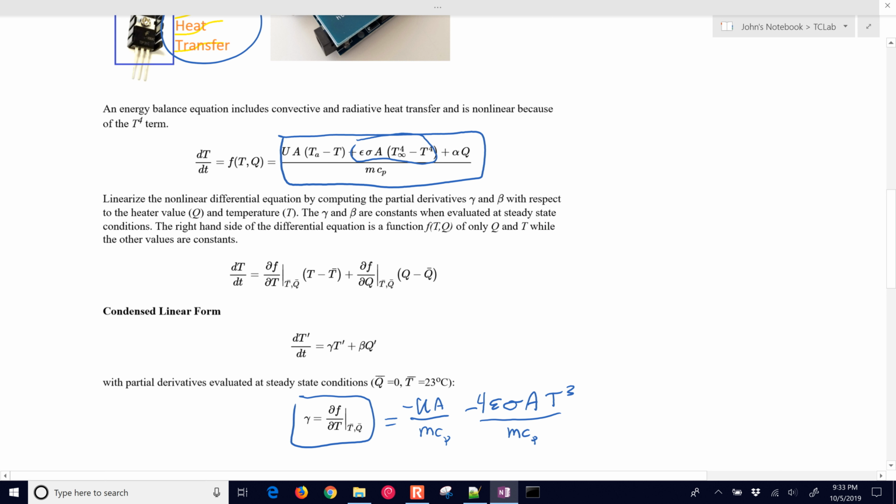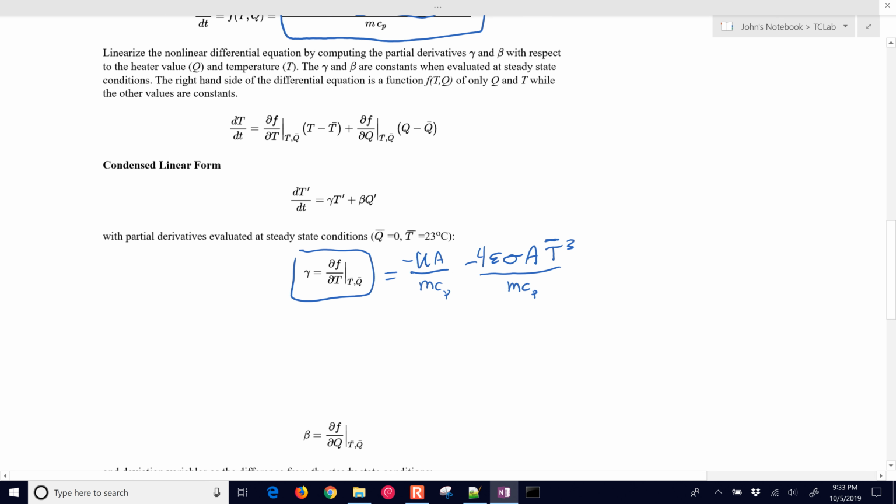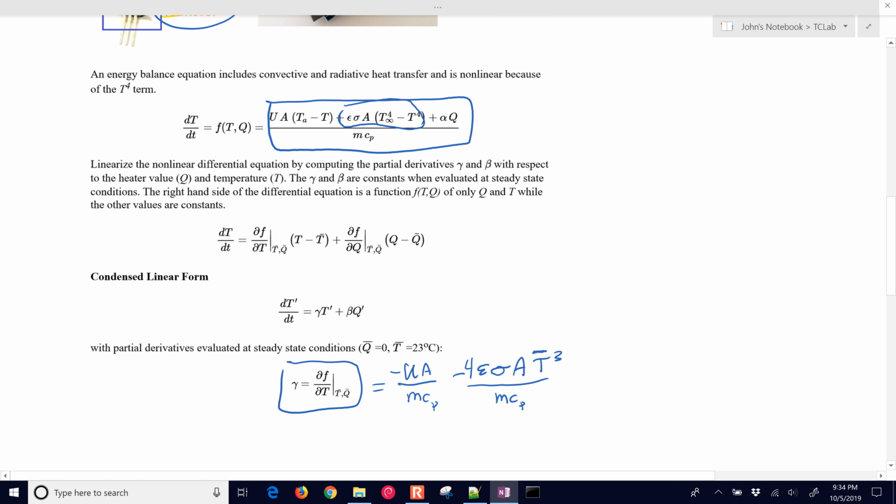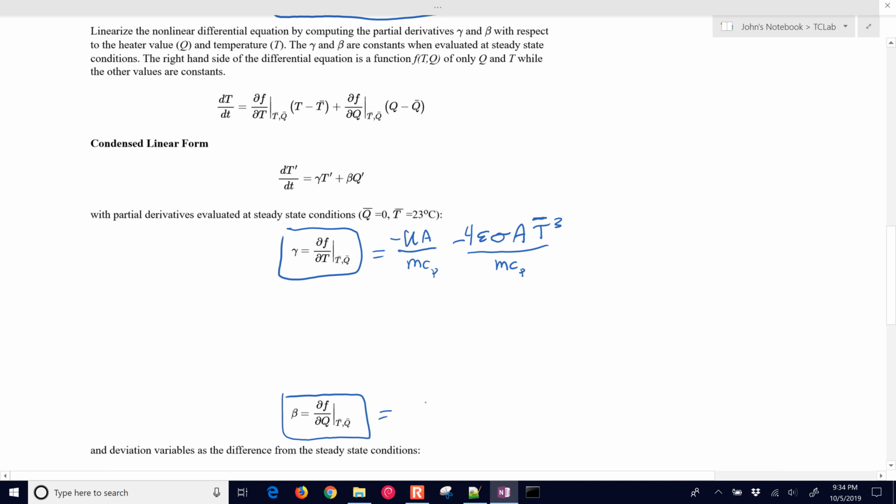Now I'm going to be plugging in the nominal value there, which is the bar, and then this is going to evaluate to a constant. Let's go and do the next one as well. This is our beta value, and that one is a little bit easier. It's just going to be alpha divided by MC sub p.